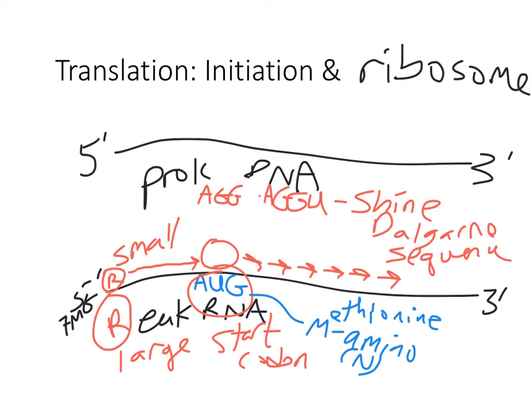So again, like we've seen before, the ribosome maybe doesn't have to have that exact sequence. Maybe it has to be pretty close to that sequence for the ribosome to bind. So it might be AGGU, UGGU. That might be fine in some instances. So the ribosome will bind there, the Shine-Dalgarno sequence, and then start translating.